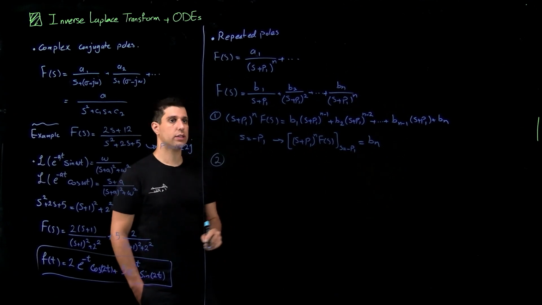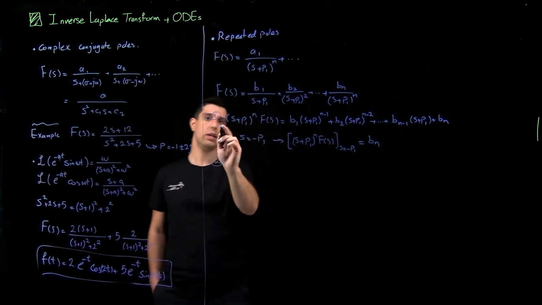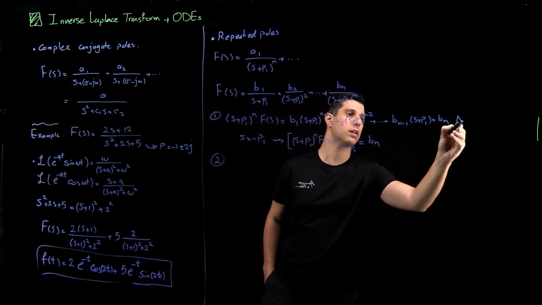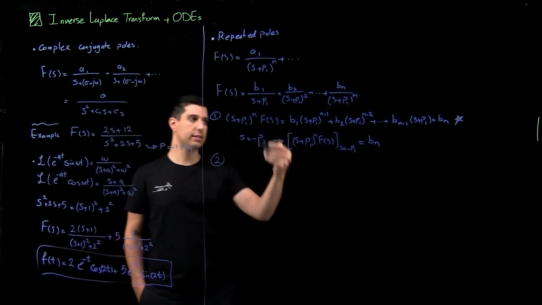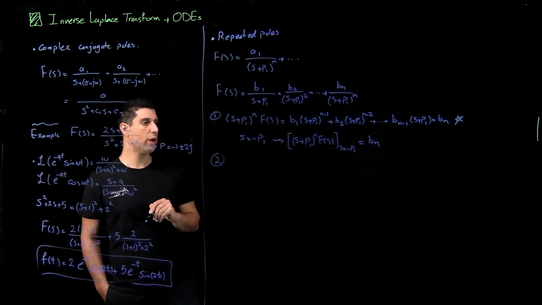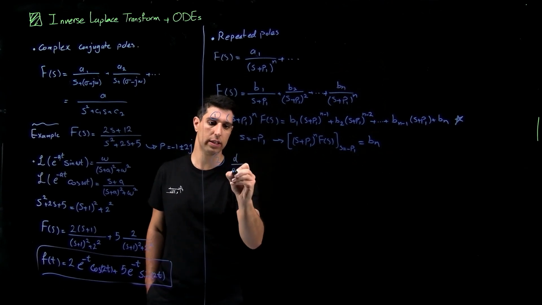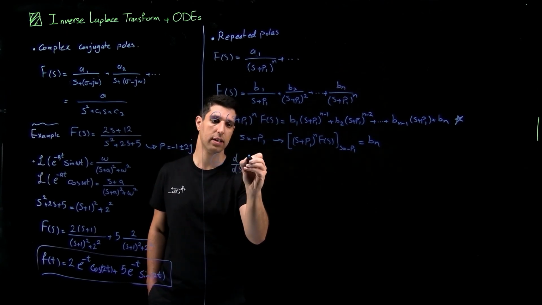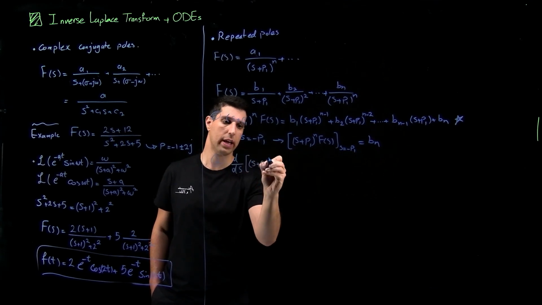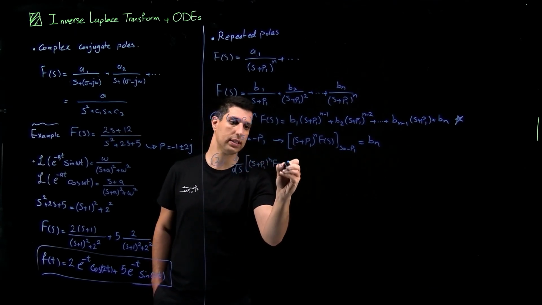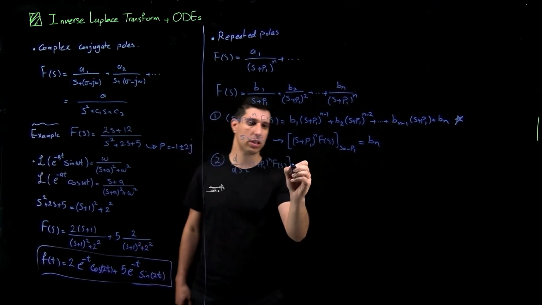What about the rest? In the next step, we can start from this equation and take a derivative with respect to s. So d over ds of s plus p1 to the power n times f of s on one side.